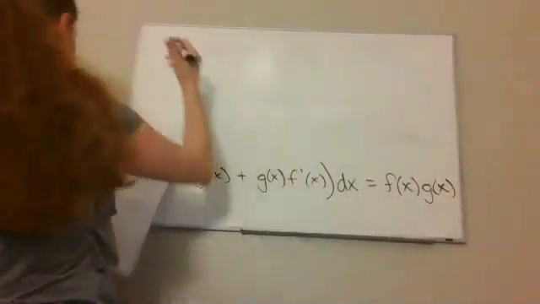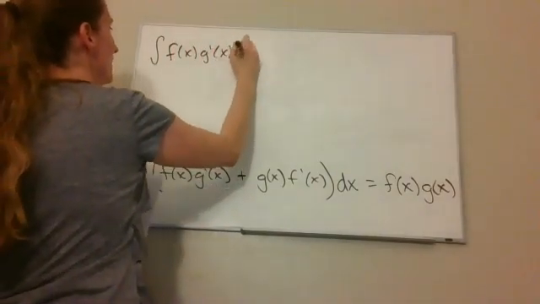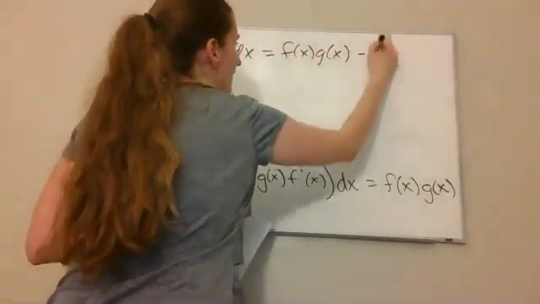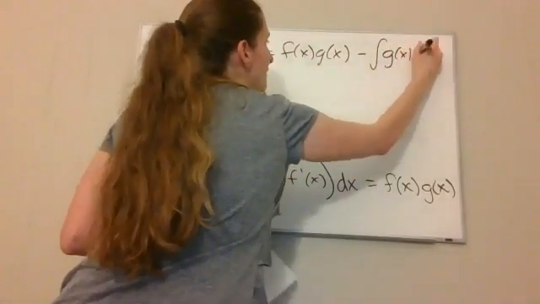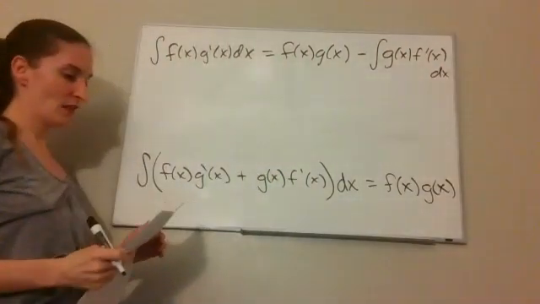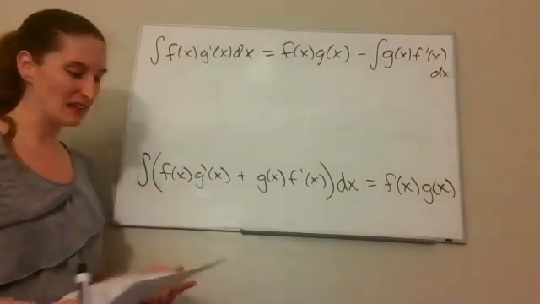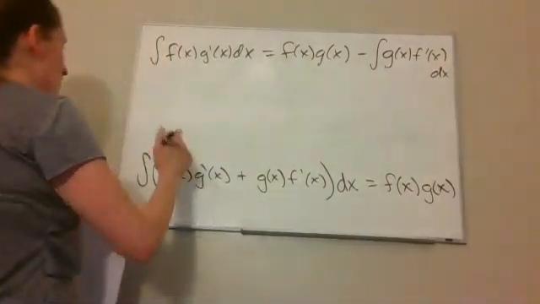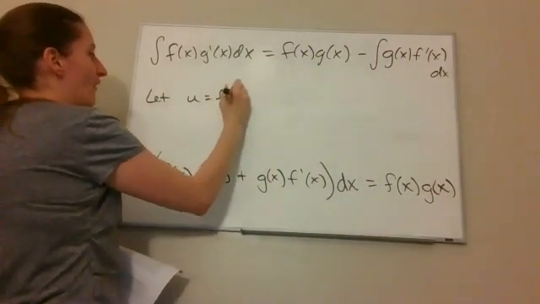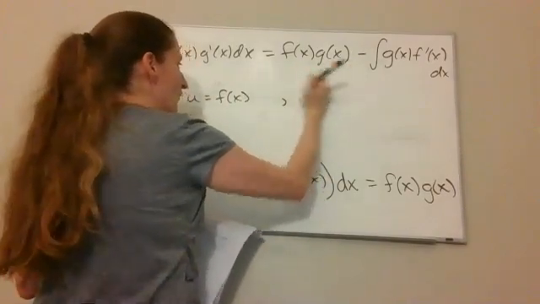So what we get is the integral of f times g prime with respect to x is f times g minus the integral of g times f prime with respect to x. And what this is right here is our integration by parts formula, except that's not the standard way of seeing it. The way that usually we write this formula is if we let u equal f of x and g is going to be v.